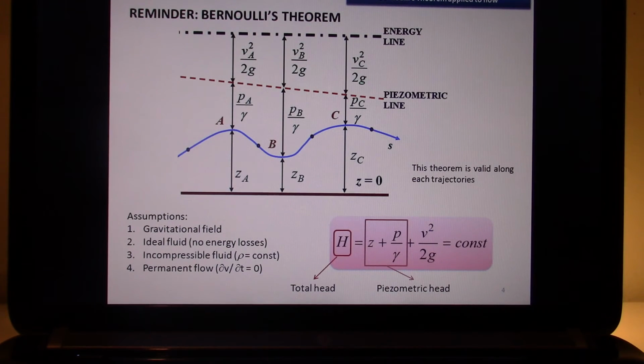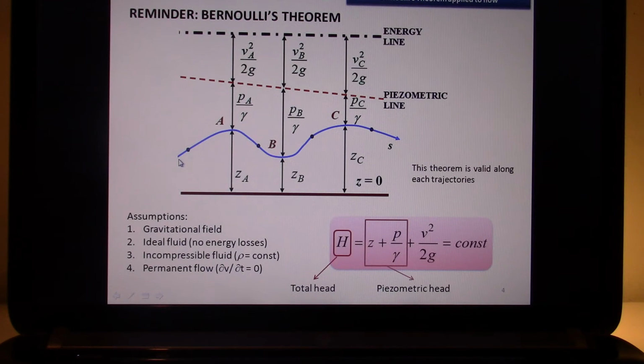And also another very strong but useful assumption is that you are considering permanent flow, which means that the dependency on time is equal to 0. Bernoulli's theorem is valid along trajectories, which means that in this first consideration we are seeing the flow as moving along only one trajectory, but of course there are lots of trajectories.